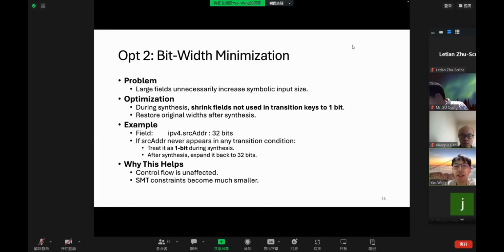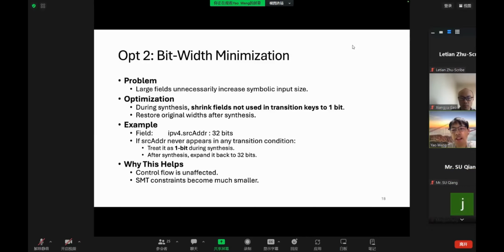ParserHawk answers this by temporarily minimizing the field width during synthesis. Concretely, if a field never appears in any transition condition, it is modeled as a 1-bit symbolic value instead of its full width. For example, the IPv4 source address becomes a 1-bit placeholder during synthesis. And after synthesis finishes, we restore the real field width in the generated parser code. This preserves correctness while dramatically reducing the symbolic complexity.